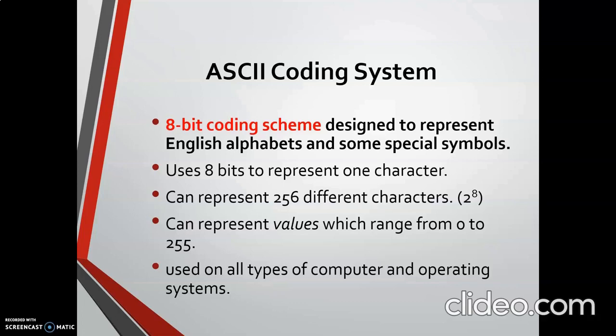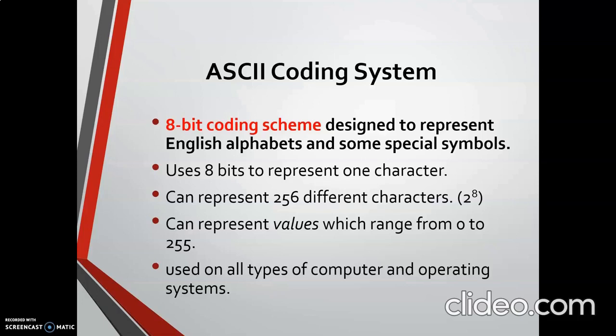Now we can also talk about ASCII values. Sometimes you hear people say ASCII values. So what are ASCII values? ASCII values means the decimal values for the ASCII codes. If you are asked what is the range of the values, it ranges from 0 to 255. Why?